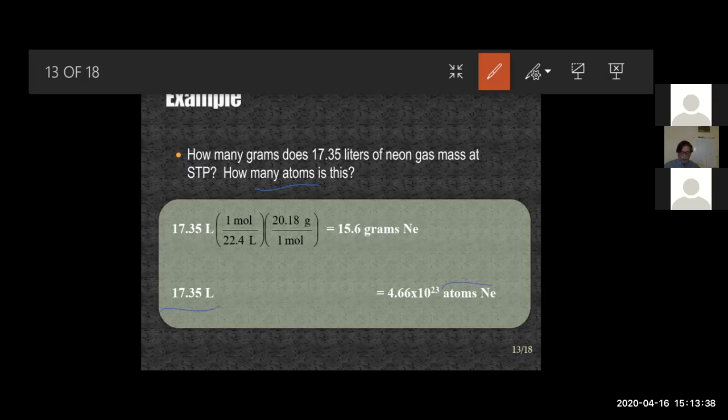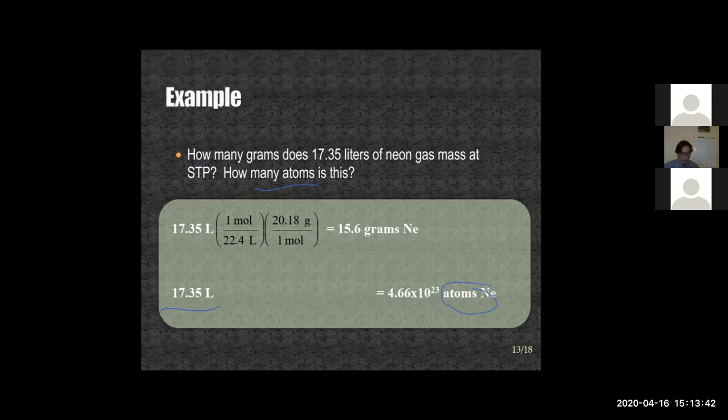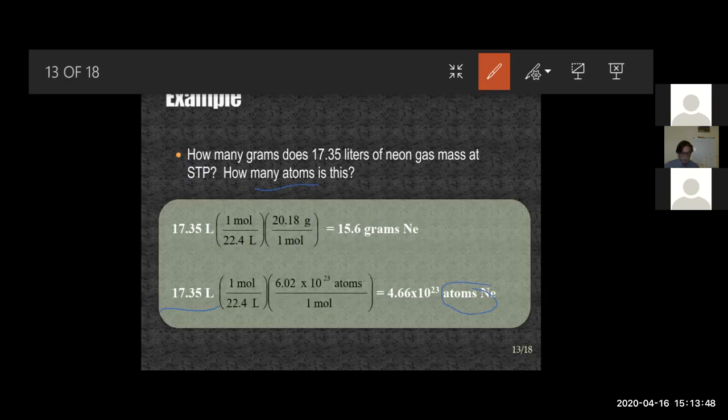I'm looking for atoms, and I gave you the answer there. But how do we set that up? We have two factors again. The first factor, again, gets us into moles, okay? But since we're looking for atoms, then I bring in Avogadro's relationship.